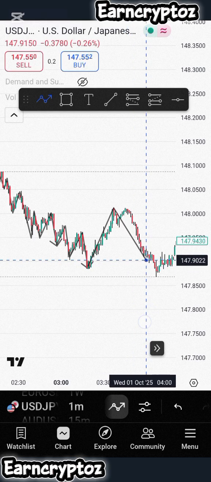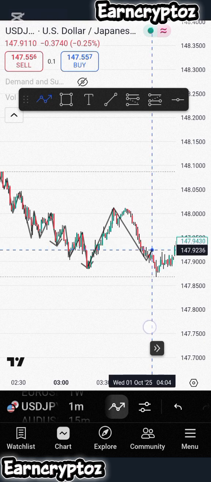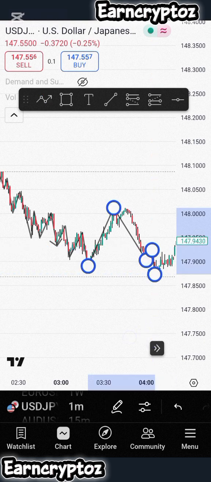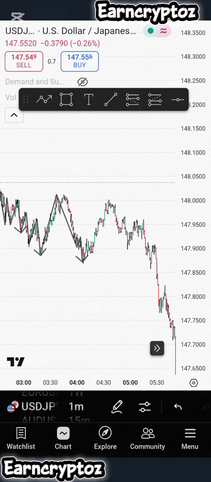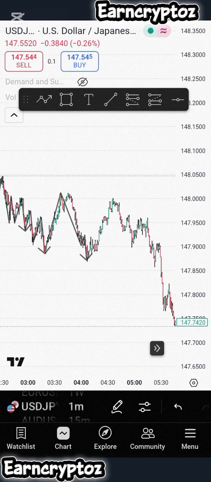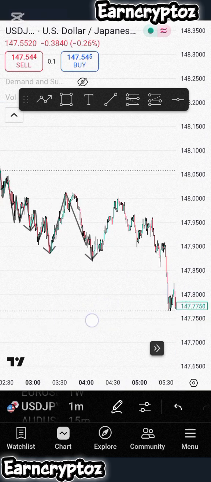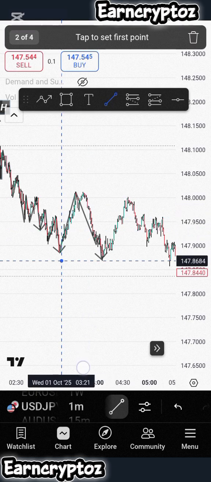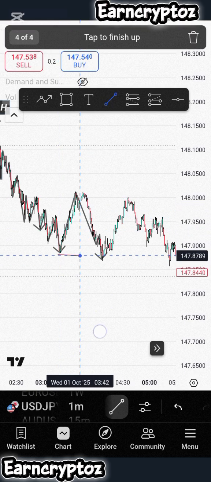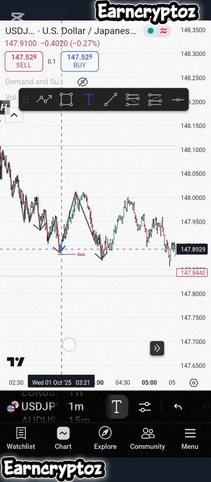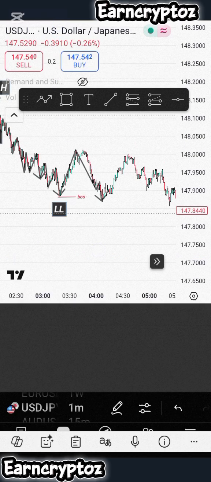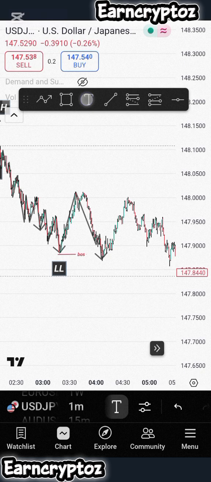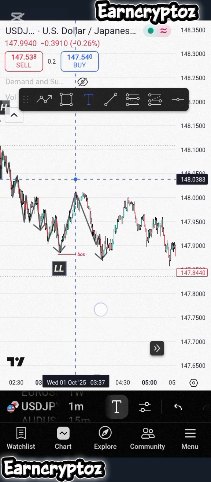So we had this continuation again. Okay, so this has created another break of structure. So we had another break of structure right here, meaning here is lower low and up here is lower high.